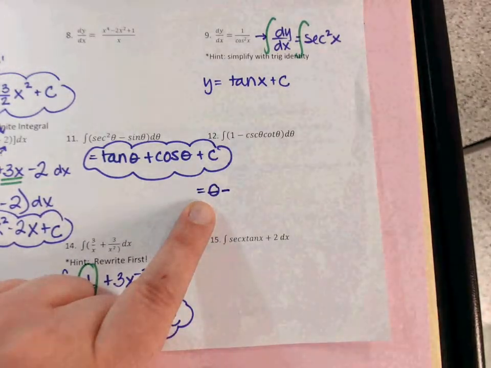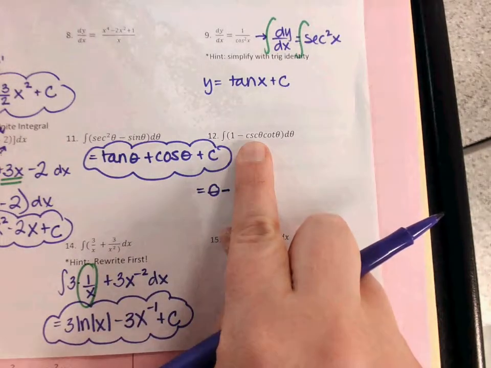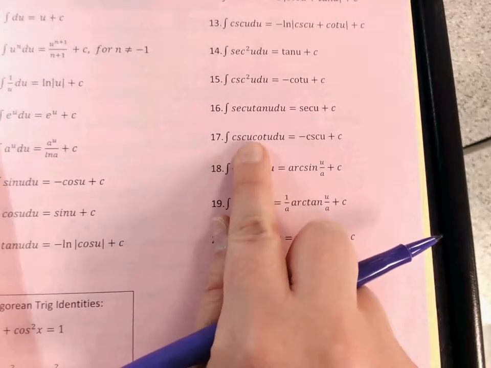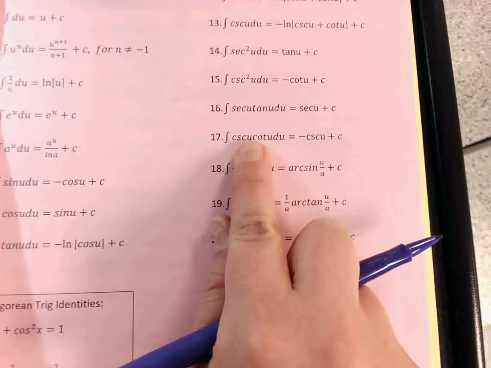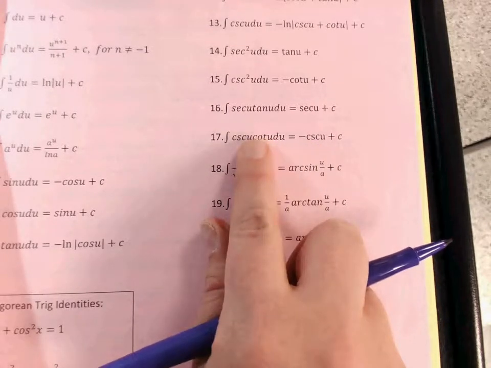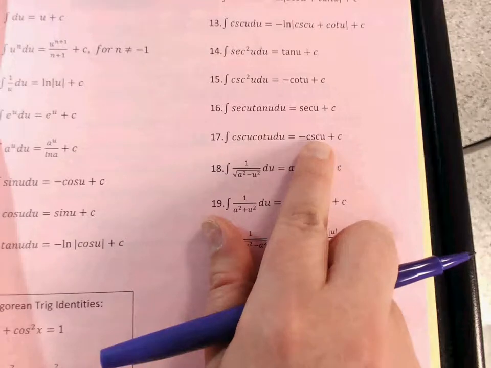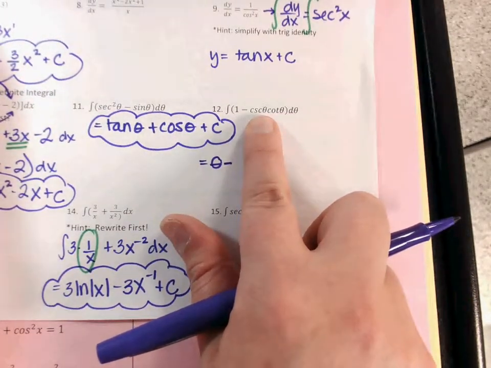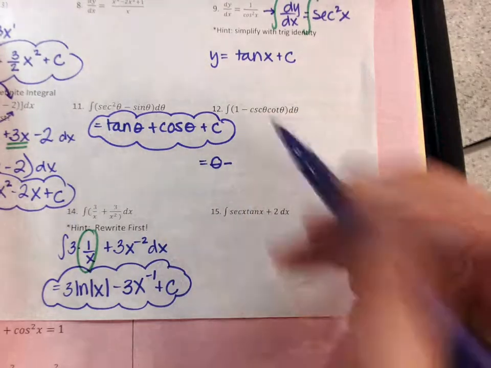Now, quick point here. Cosecant cotan here is positive, but the answer is negative. So when I integrate this, I get negative cosecant, but there's already a negative cosecant in my formula. So am I going to put plus or minus on my answer? Plus.